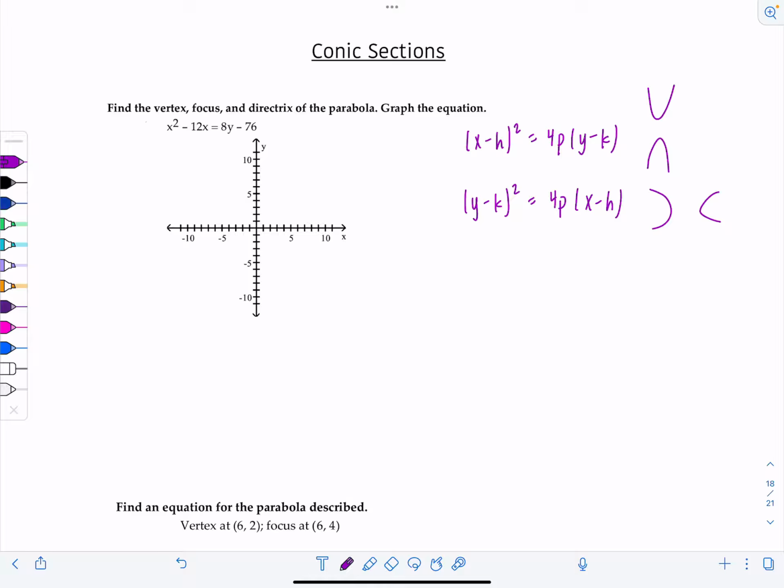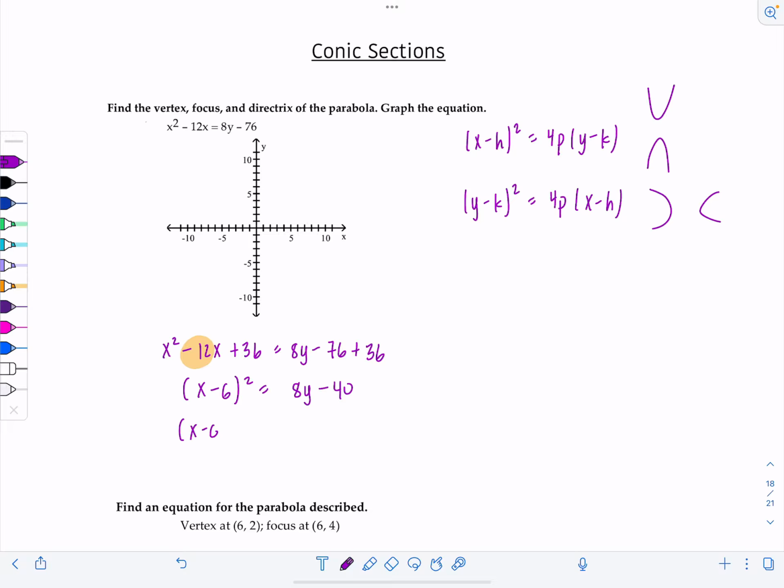Okay. We have to complete the square in order to figure out where everything is. So I'm going to add 36 here, and then I have to add 36 on the other side. Why 36? Divide this by 2 and square it. So then we'll have x minus 6 squared equals 8y minus 40.